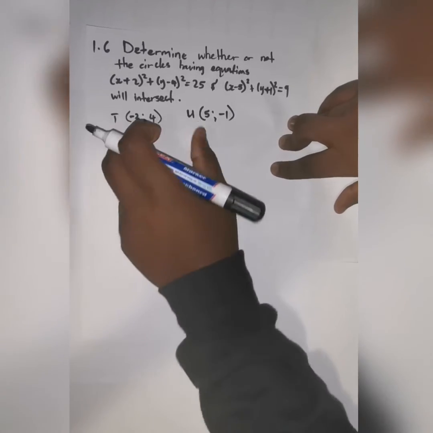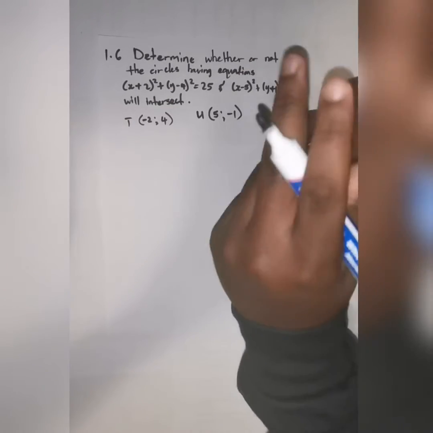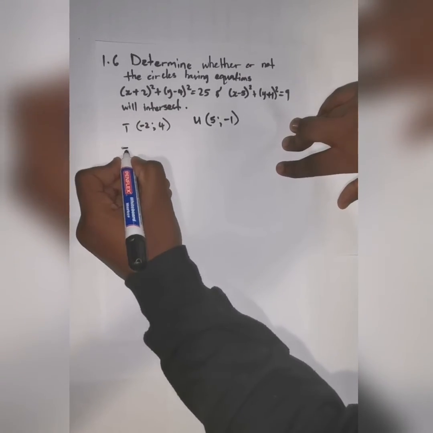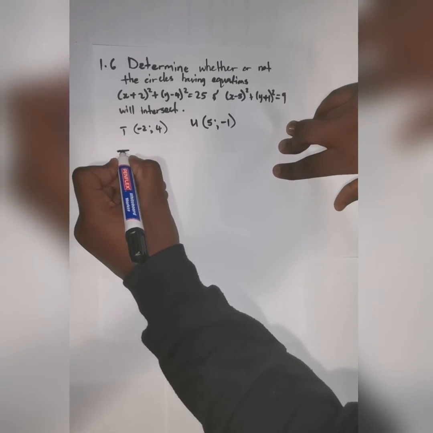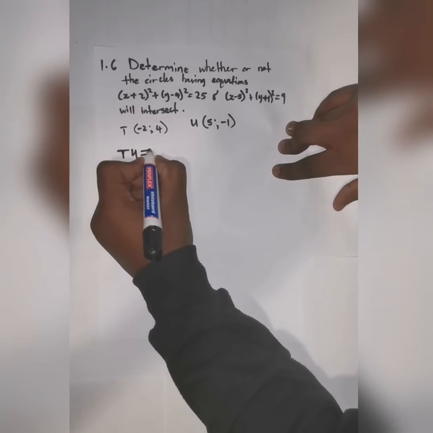To determine intersection, we need to make 2 calculations. The first calculation is the length of TU.